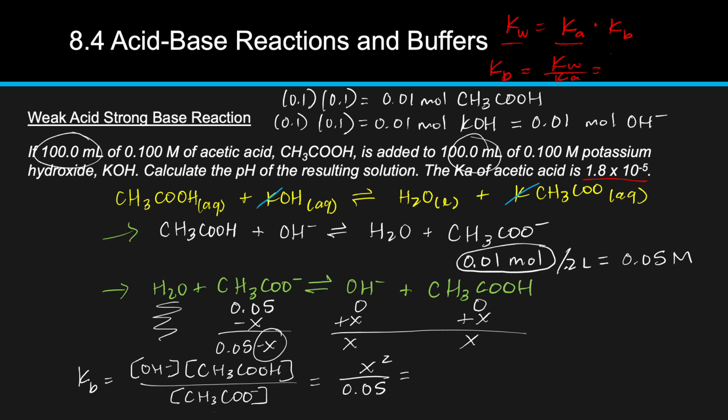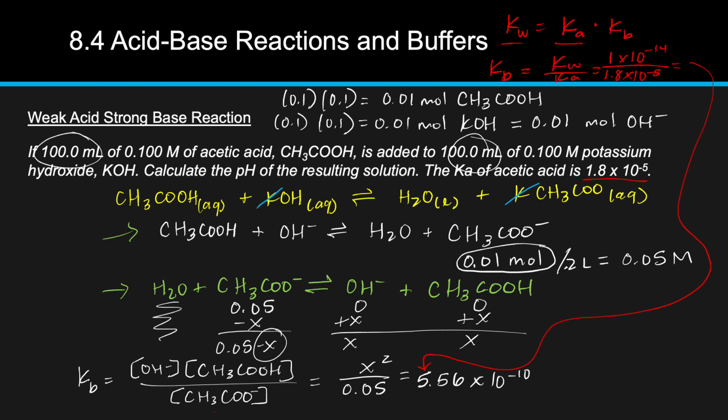So that's going to be 1 times 10 to the negative 14th, that's Kw, over 1.8 times 10 to the negative 5th. And that is going to be our Kb value. For Kb, I get 5.56 times 10 to the negative 10th.